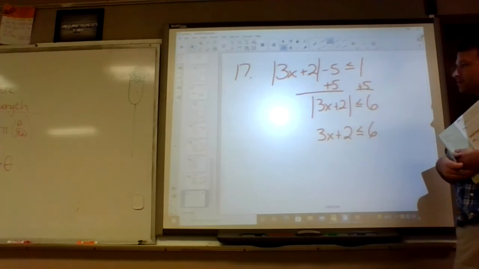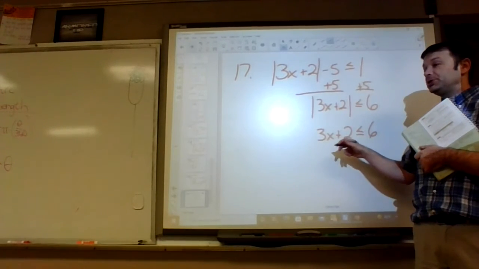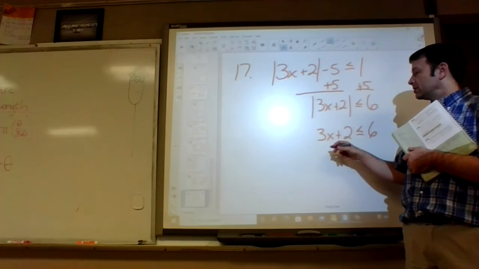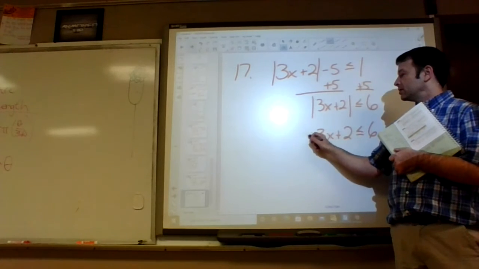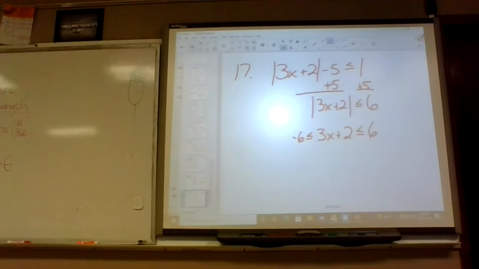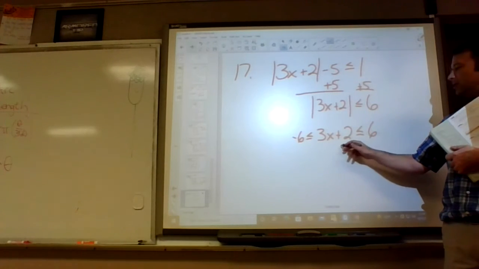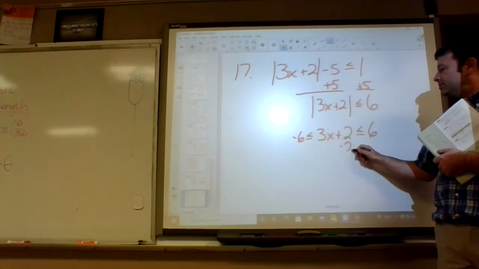Greater thans are ors, less thans are in between. So on the other side you have less than or equal to negative 6, or minus 2.